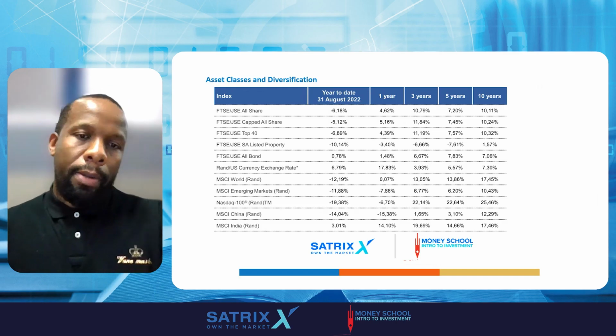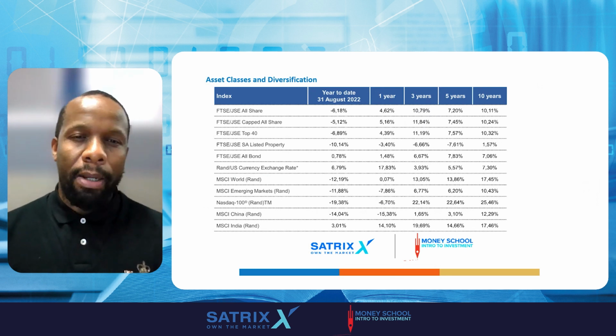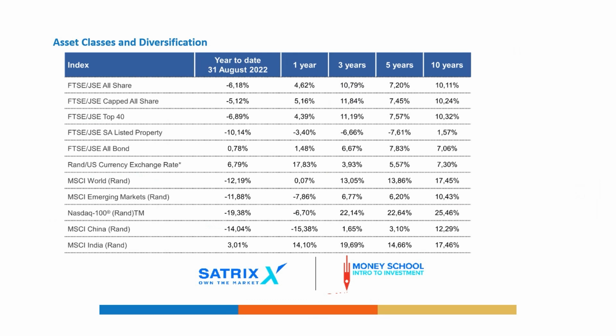And then going back to what I was mentioning about diversification, I think this table quite summarizes it nicely, because you can see that in different periods in time, asset classes behave differently. So just talking about the type of asset class, these three, the All Share Capped or Share Top 40, will be your local equities.